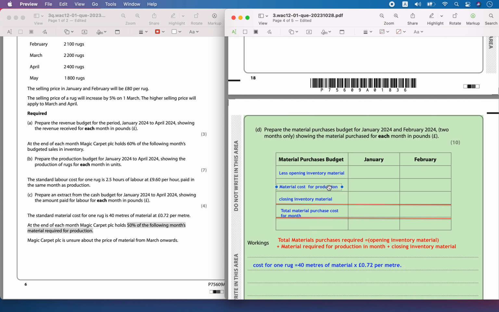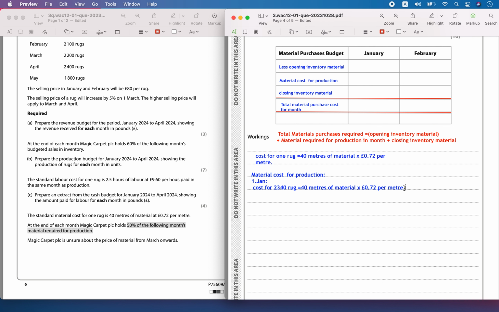First one is for Jan. We know the cost of producing one rug is this much, but the amount produced, we saw that they have to produce 2340 rugs.